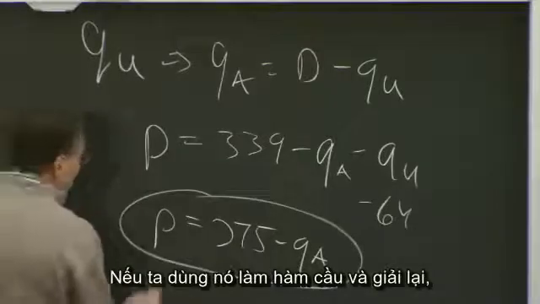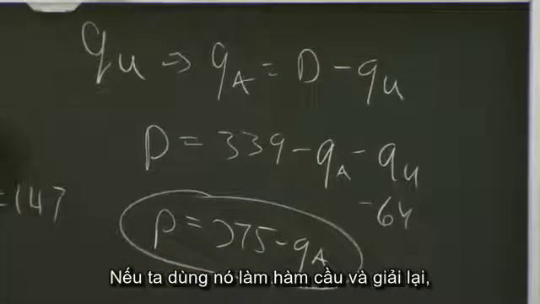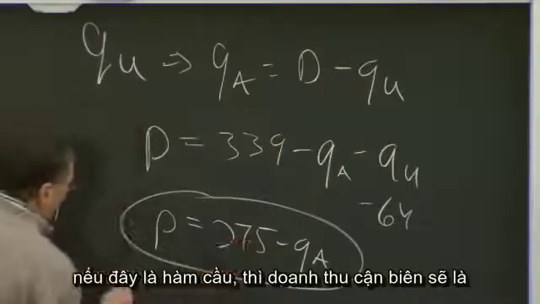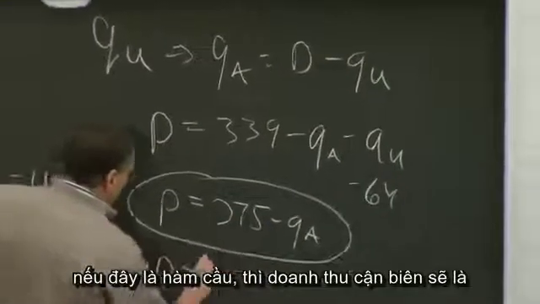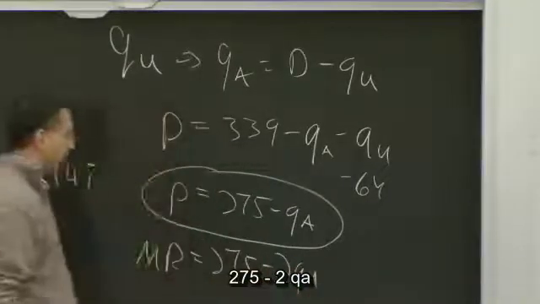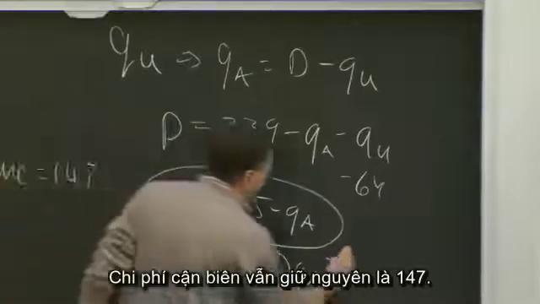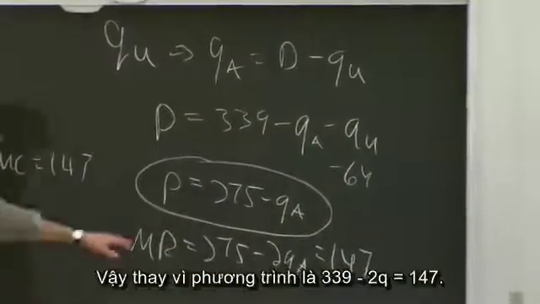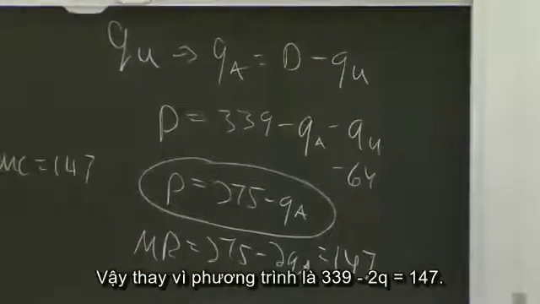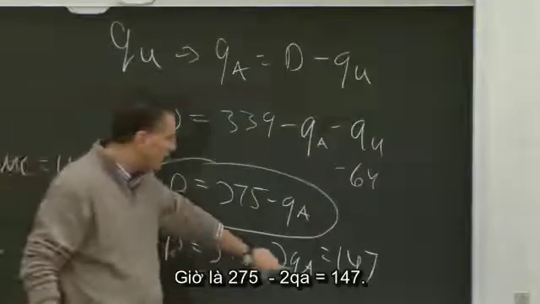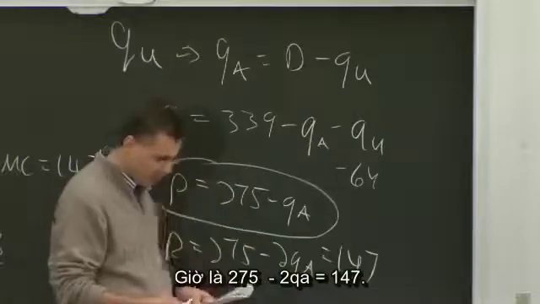If I use this as my new demand function and resolve, my marginal revenue is 275 minus 2QA. My marginal cost is the same, which is 147. So instead of my optimization equation being 339 minus 2Q equals 147, now it's 275 minus 2QA equals 147.